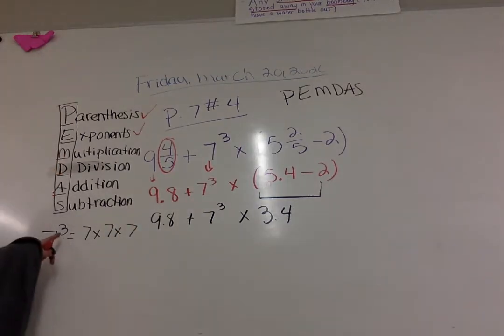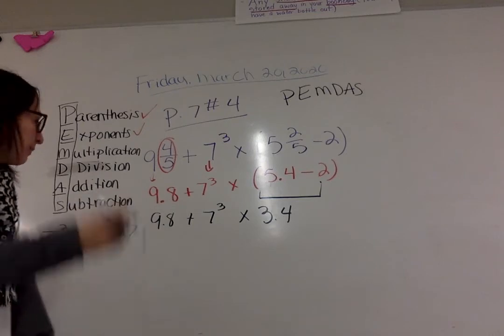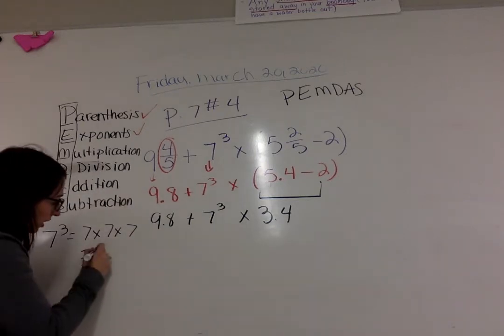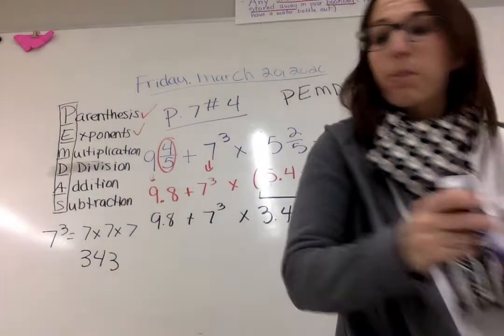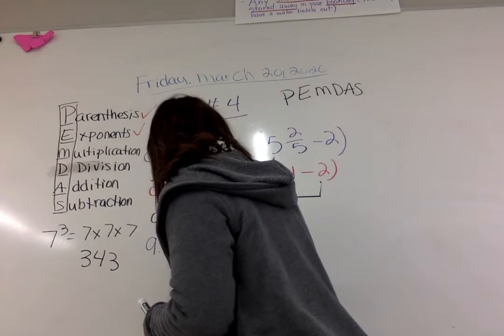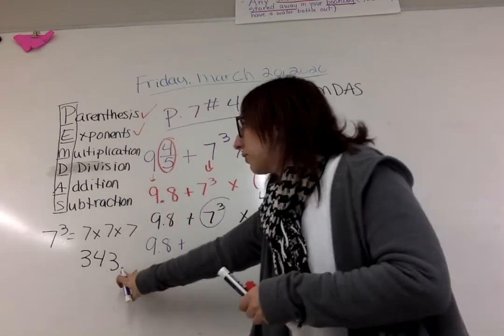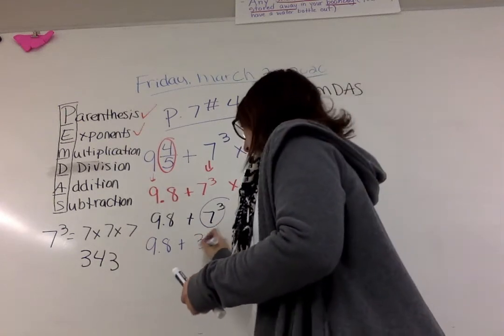The exponent tells me how many times to multiply the base. So the exponent is 3, so it's 7 times 7 times 7, which is 343. So now I'm going to do it in purple. I'm going to just write what I'm changing. I'm converting the 7 to the 3rd to 343 because 7 times 7 times 7 is 343.